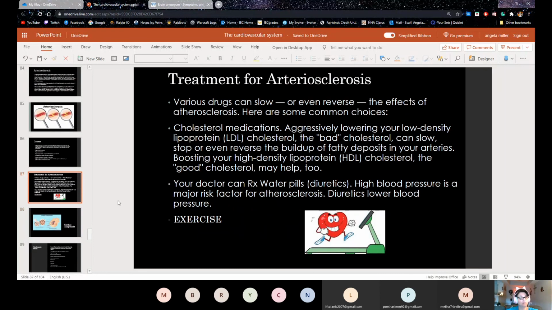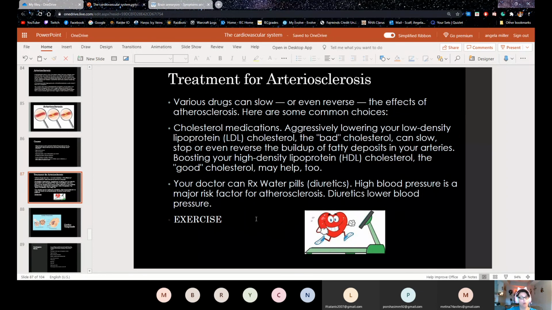Now the treatment, see, there are some good things about arterial sclerosis, and one of them is a lot of times we can reverse that by losing weight, stopping smoking, and starting to exercise with your doctor's advice. Get that cholesterol level back down to a normal level.